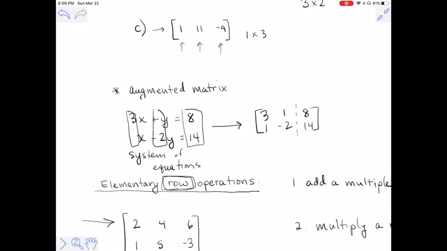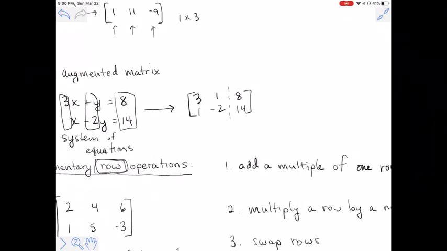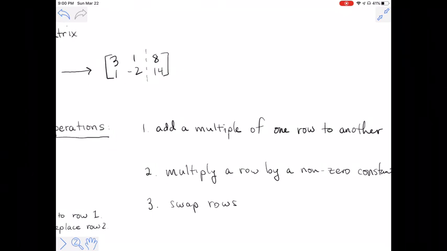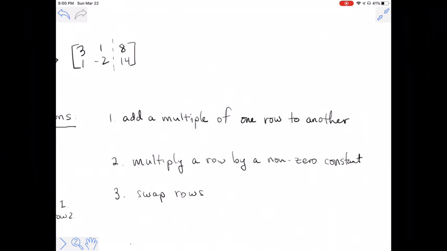So we can perform these operations on a row of a matrix, but not on a column. These operations don't work going up and down. They only work across a row of a matrix. And these are the 3 row operations. You can add a multiple of one row to another row.